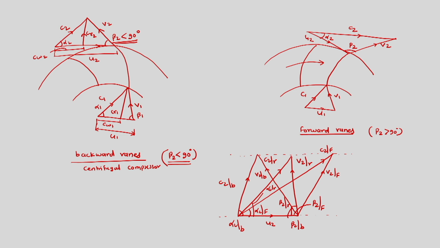Having said this, we will continue, and then we can use the Euler turbomachinery equation to evaluate the compressor work or stage work. Ws stands for stage, or Wc for compressor. If we have single staging, then the work input is U2 Cw2 minus U1 Cw1.